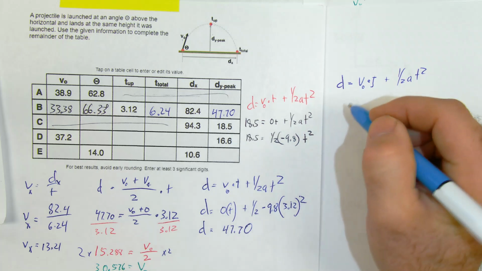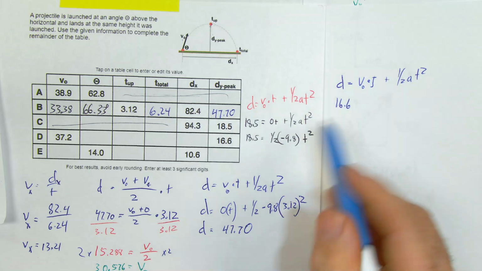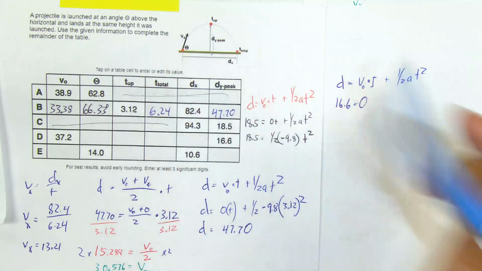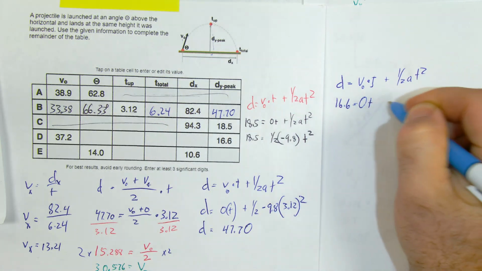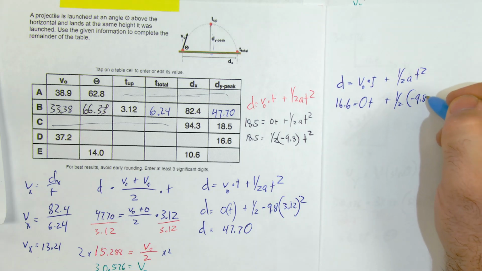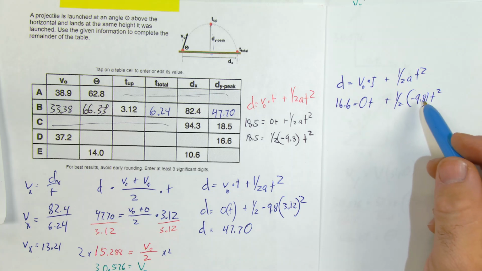As discussed before, we'll use this distance. We'll assume a velocity of 0 because we're starting at the top. Gravity, of course, is negative 9.8.